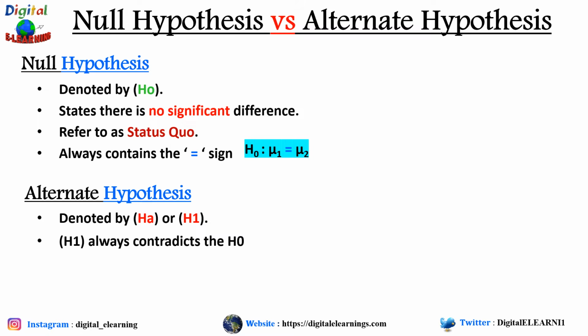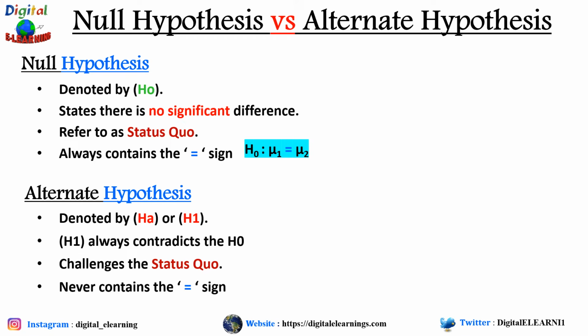The alternate hypothesis is also known as the research hypothesis, and it is influenced by some non-random cause. So if the null hypothesis is rejected, then we will have to find the evidence to support the research hypothesis. It always challenges the status quo, that is the null hypothesis. It never contains the equal to sign, and we represent the alternate hypothesis as mu1 is not equal to mu2.